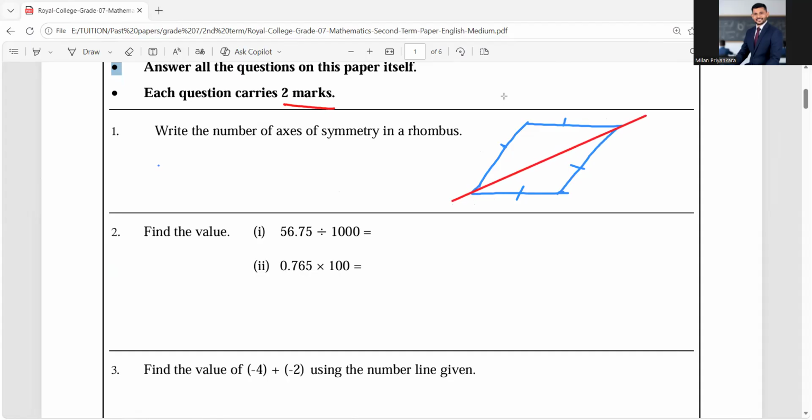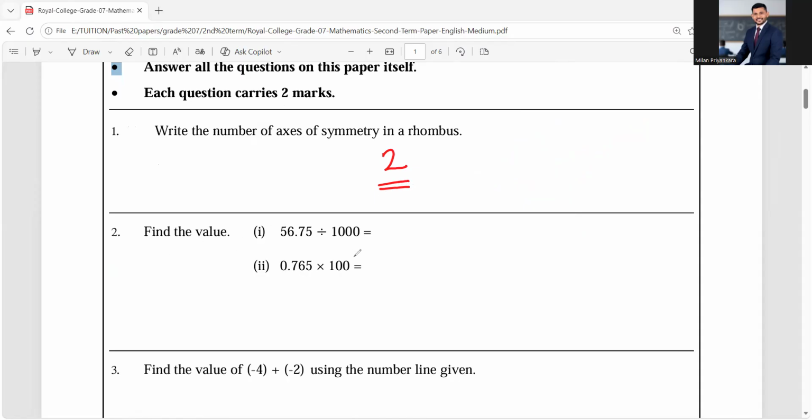There's one axis, there's another axis, and there are 2 axes of symmetry. Here you are not supposed to draw this. Read the question carefully. No need to draw, just write the answer. Now what's our answer? It's 2, the number of axes of symmetry in a rhombus.